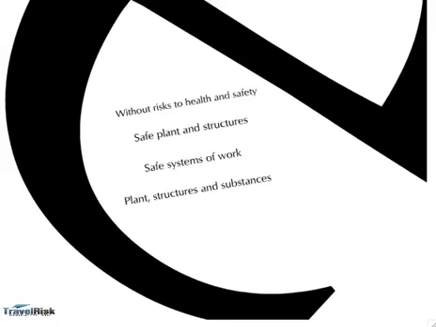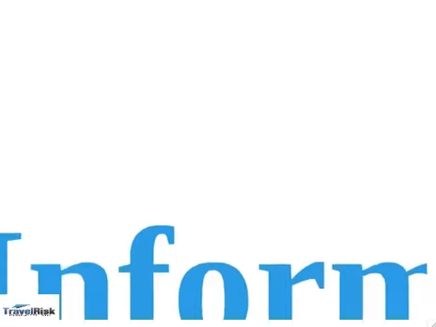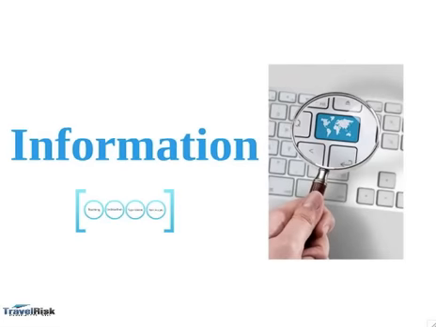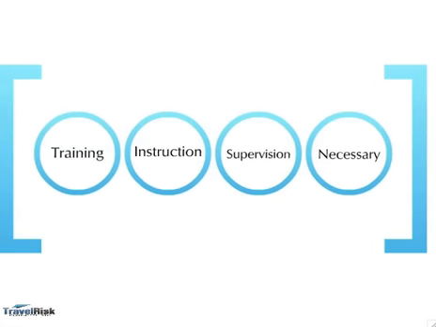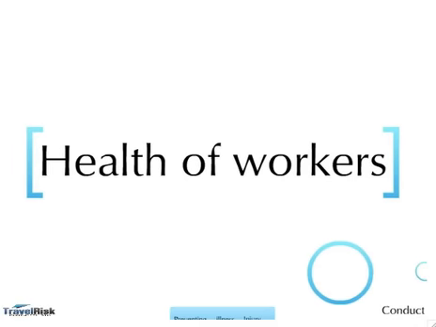The provision of adequate facilities for the welfare at work of workers in carrying out work for the business or undertaking includes ensuring access to those facilities, and the provision of any information, training, instruction and supervision that is necessary to protect all persons from risks to their health and safety arising from work carried out as part of the conduct of the business or undertaking.